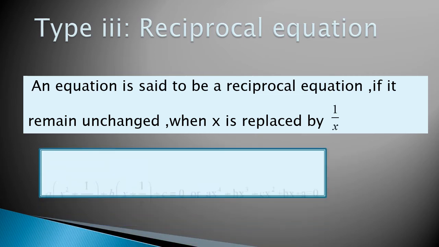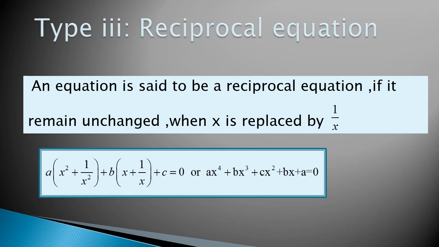These are the type of the equation: a(x² + 1/x²) + b(x + 1/x) + c = 0, or they are written in the form ax⁴ + bx³ + cx² + bx + a = 0.